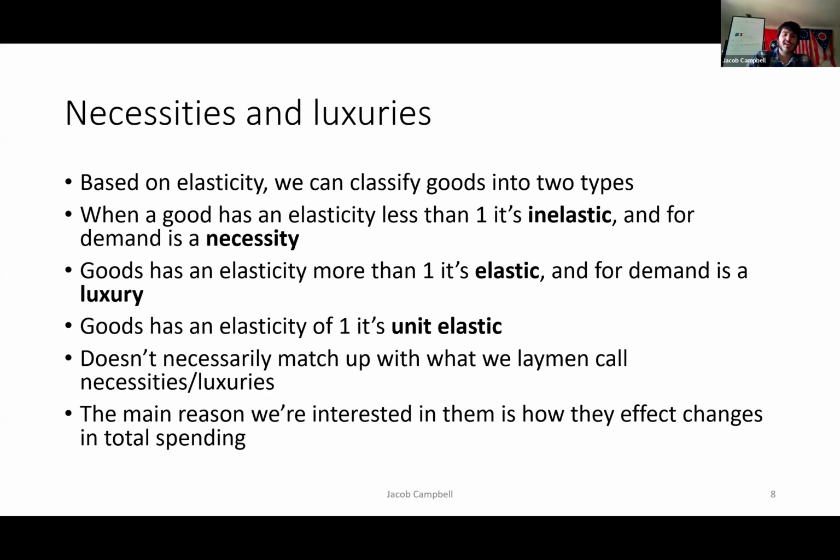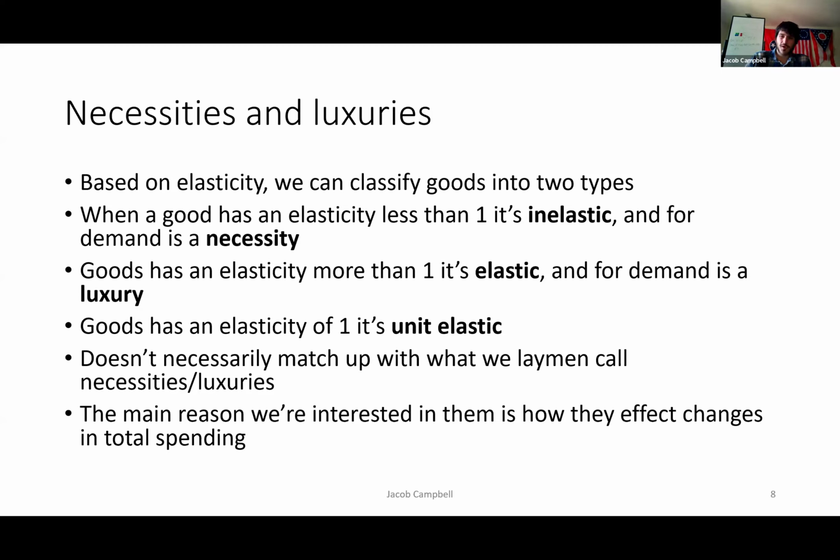And if the good has an elasticity of 1, it's called unit elastic. That's just the point between necessity and luxury. And these aren't necessarily going to match up with what we laymen call necessities and luxuries.